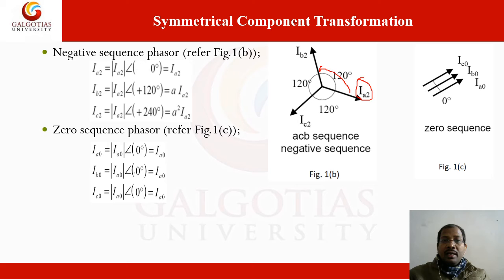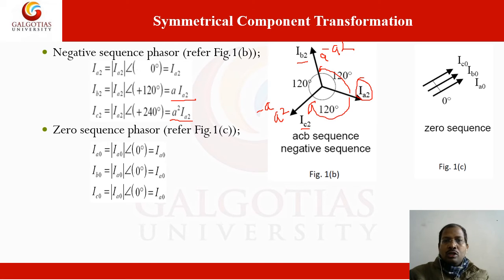So we can write A times, and this one A squared. Or, when moving in this direction, we can write minus A and minus A squared, because when we move anti-clockwise, angle is considered positive and clockwise is negative. So in this way, IB2 we can write as A times IA2, and IC2 we can write as A squared times IA2. So this is IB2, this is IC2.